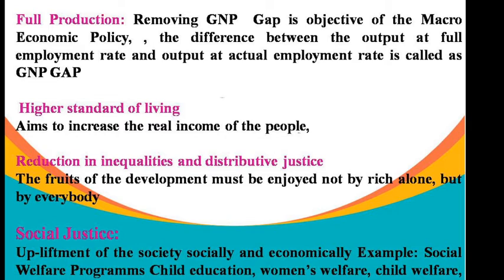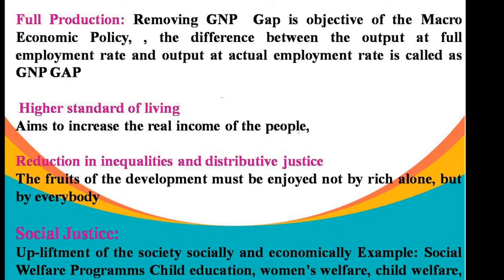The uplift of the society socially and economically is also one of the objectives of macroeconomic policy. All the public expenditure programs that are undertaken to promote social welfare fall within the scope of macroeconomic policy.